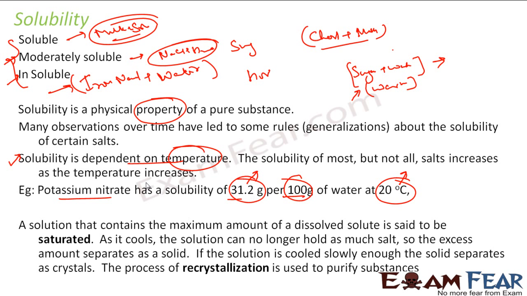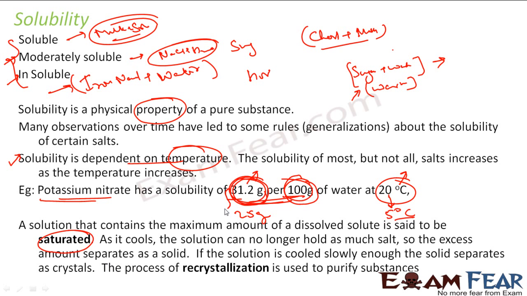A solution that contains the maximum amount of dissolved solid is called saturated. For example, if I take 100 gram of water and dissolve this much potassium nitrate, I call this saturated. But now, if this is saturated and I cool it to, let's suppose, 5 degrees Celsius, at 5 degrees Celsius it can hold, let's suppose, 25 grams only.